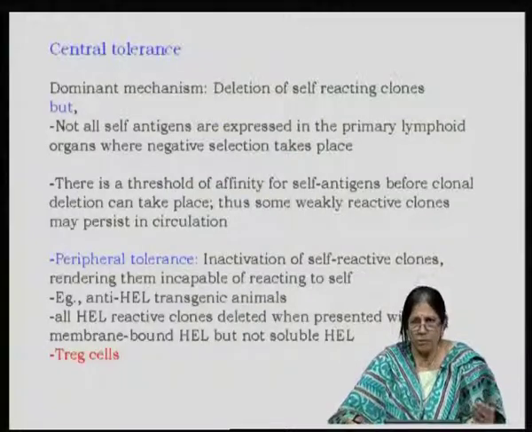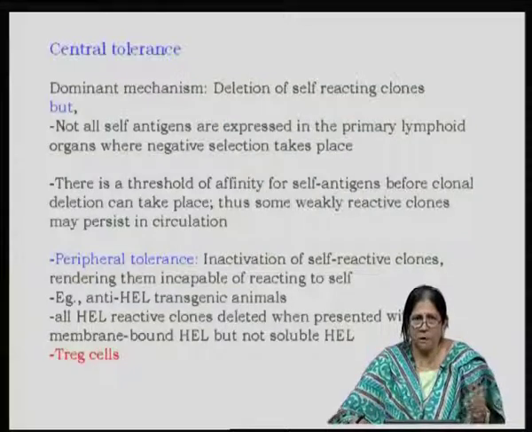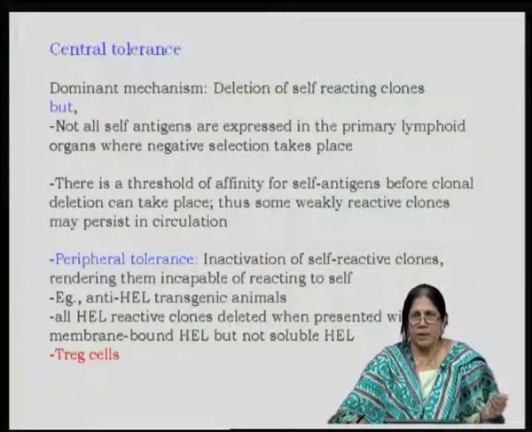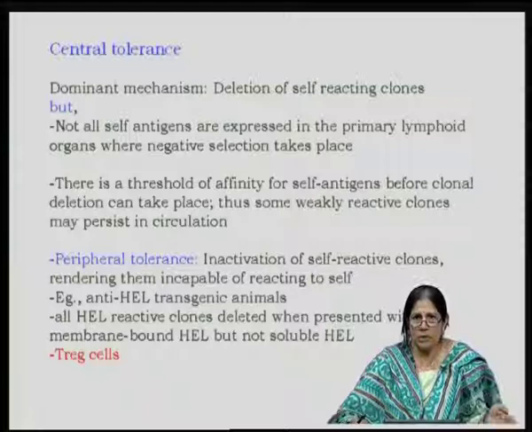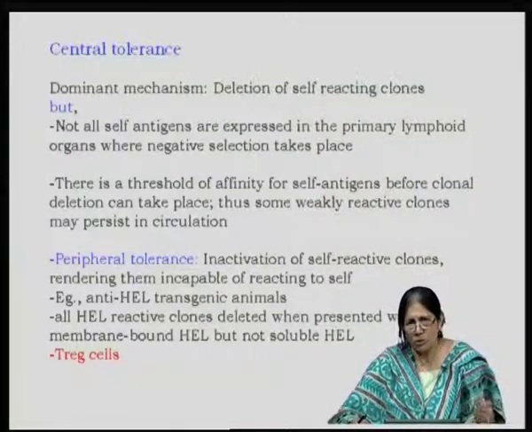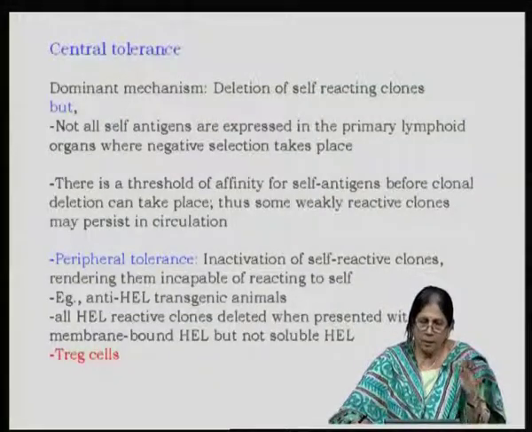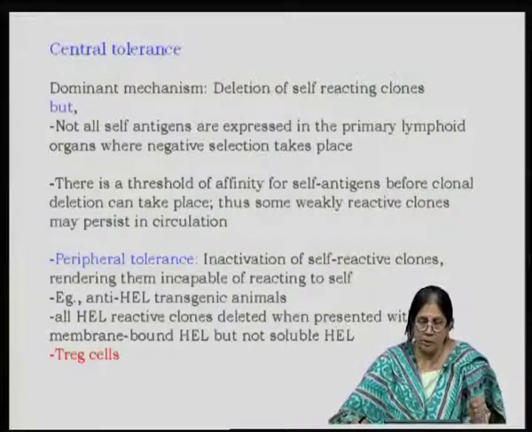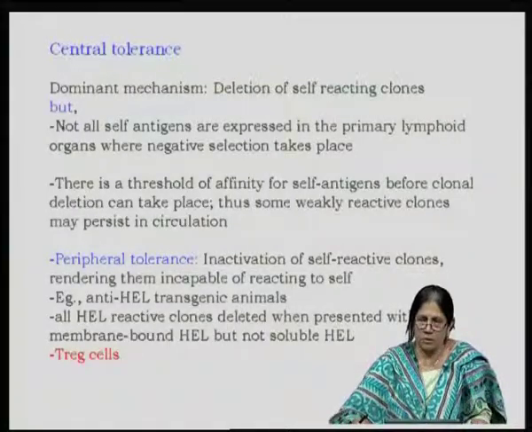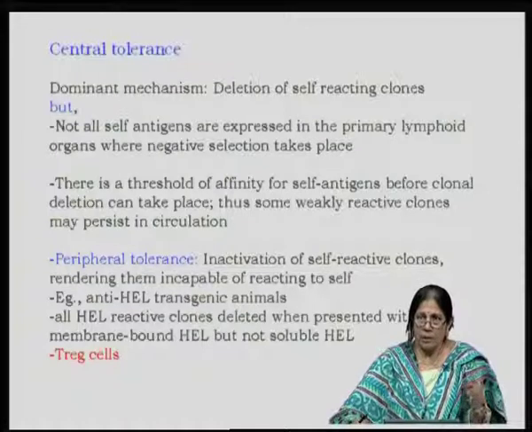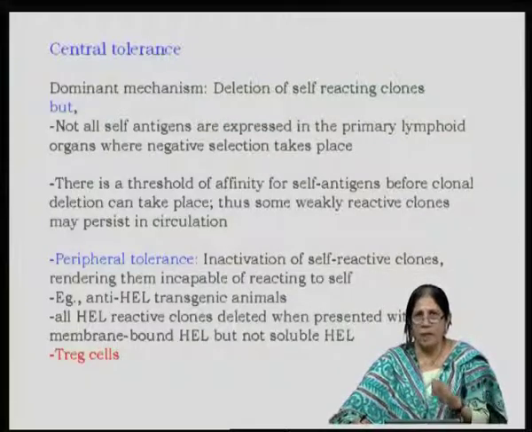Bone marrow is of course a part of the circulation. So, immature cells are exposed to a large number of self antigens, but not all self antigens are expressed in the primary lymphoid organ where negative selection takes place. So, a small number of self antigen binding B cells would definitely escape and come into circulation.